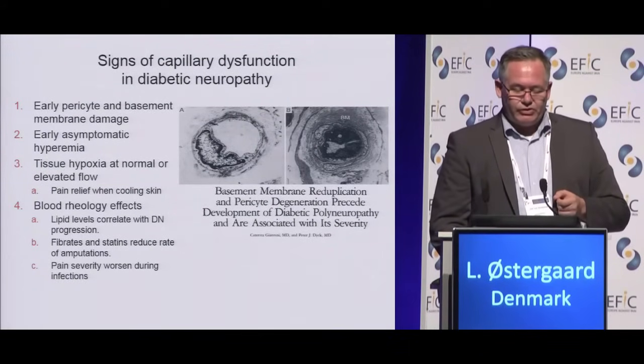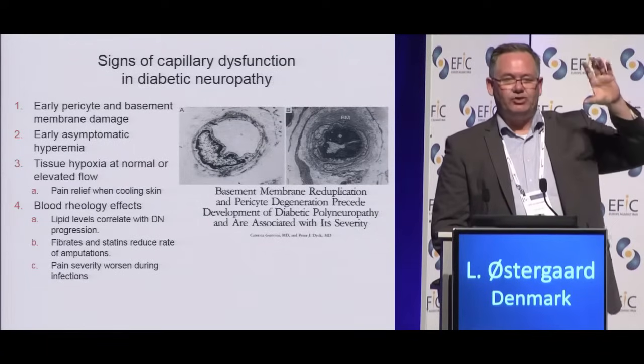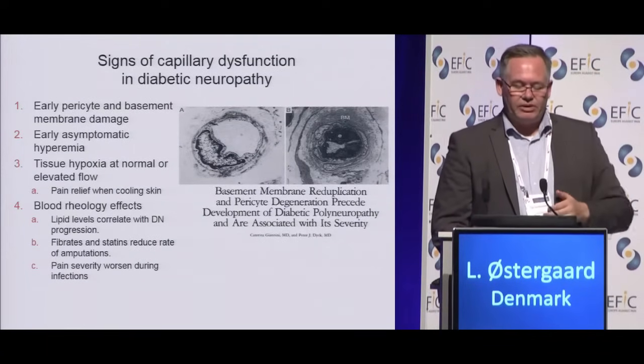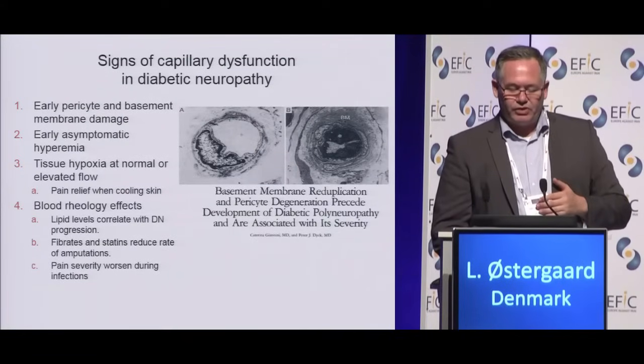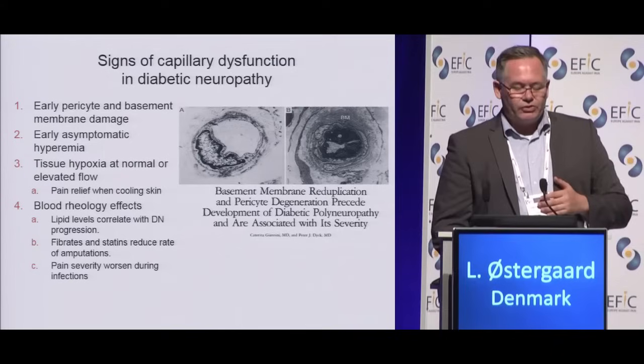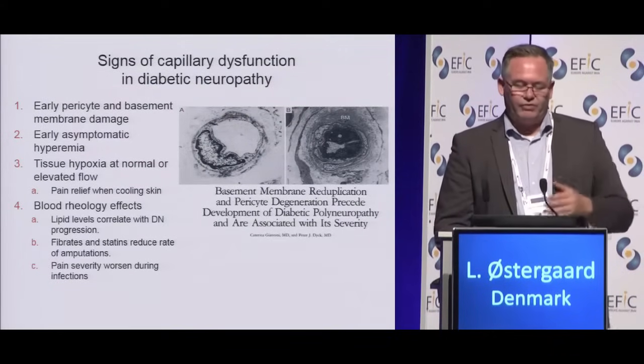So are there signs of capillary dysfunction in diabetic neuropathy? There are early studies showing that the severity of the disease correlates with early pericyte changes. These are the contractile cells around the capillaries, and the basement membrane in the capillary wall, so you can imagine how they could disturb capillary flows. Also, there's early hyperemia before you develop symptoms.